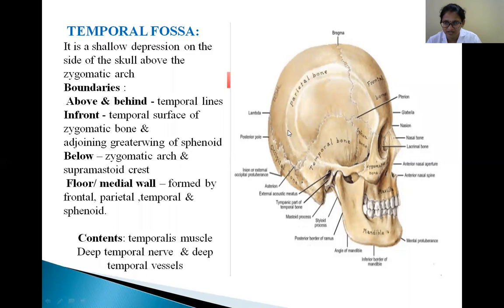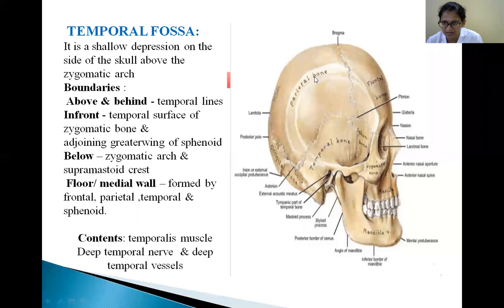This is the superior temporal line and this is the inferior temporal line. In front, it is formed by the posterior surface of the body of the zygomatic bone and the adjoining greater wing of the sphenoid bone. These two form the anterior boundary.